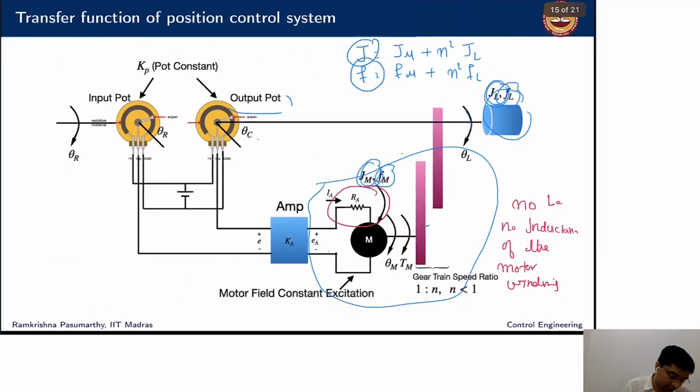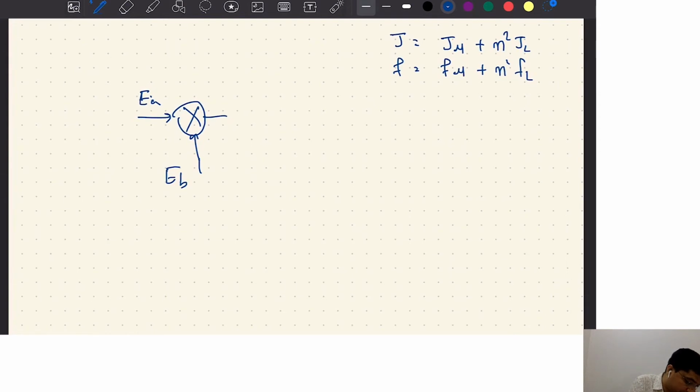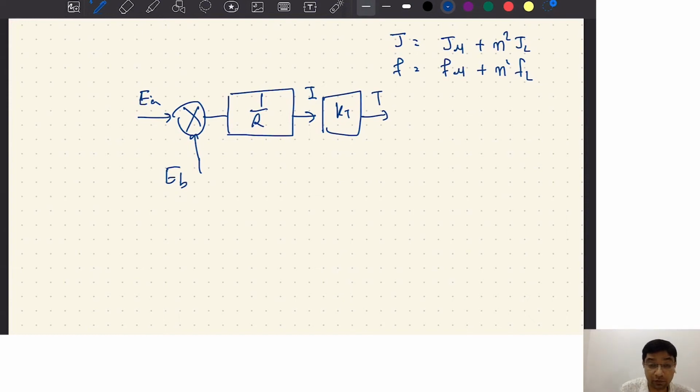So if I just do sequentially what I did, here I had the component of 1 over (SL plus R). This will only become 1 over R. This will generate the current. The current goes through a constant producing a torque. We know how the torque and the current are linearly related.